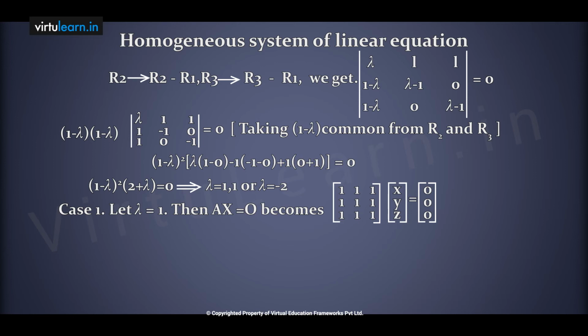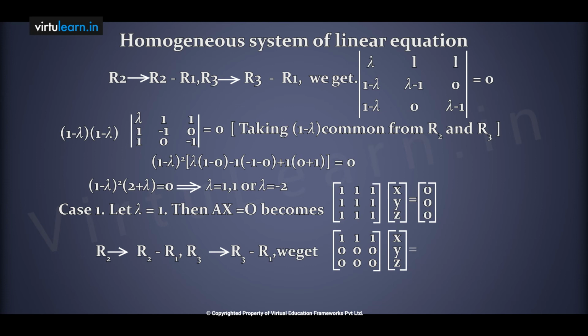In the second row first element is 0, in the third row first two elements are zeros, because we have only 3 rows. Then R2 changes as R2 minus R1, R3 changes as R3 minus R1. Then 1 1 1, and the second row and third row, all the elements become 0.